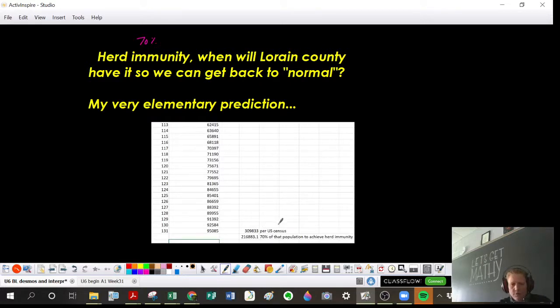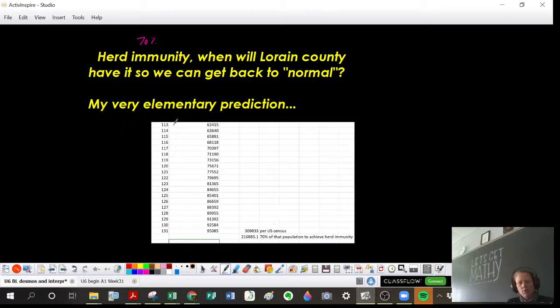And then 70% of that would be about 217,000 approximately. Specifically 216,883 people. So that's how many people would have to be completely vaccinated for us to achieve herd immunity and hopefully get back to normal.